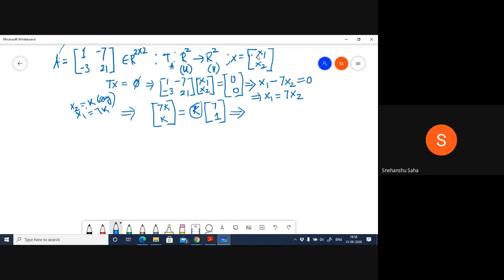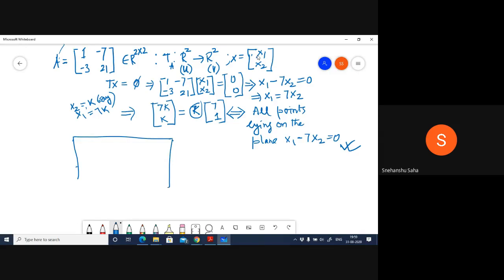Geometrically, what this implies is that the null space of this particular linear transformation, or the matrix, is nothing but all points lying on the plane x1 minus 7x2 equals 0.